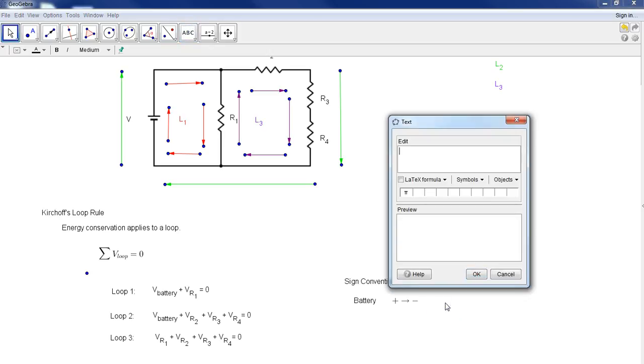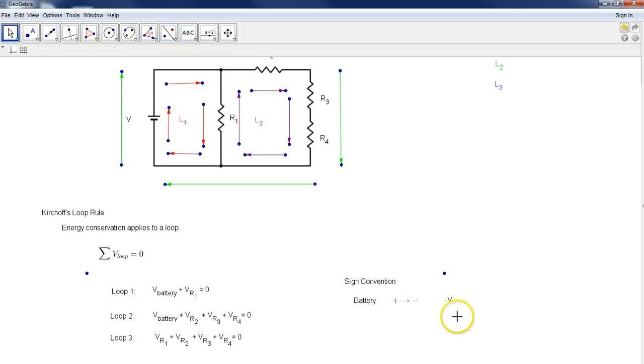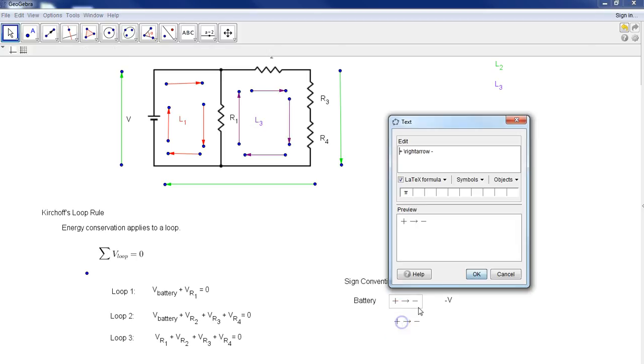And so we'll end up with negative V in the equation. And then of course if we flip that around, it'll be a positive V. So minus to plus.